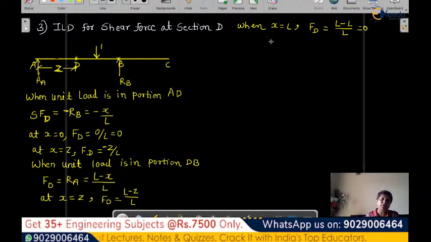So when x equal to L, shear force at D is equal to 0. So that is one case over here.